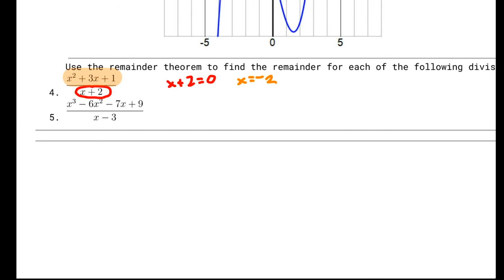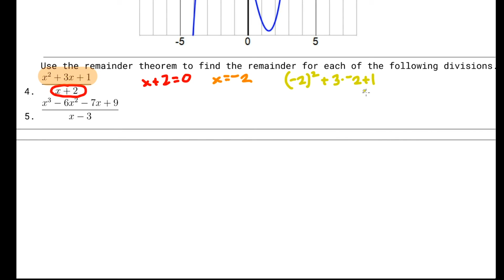We're going to end up with -2 squared plus 3 times -2 plus 1. Now, if this is equal to 0, then x plus 2 is a factor, and if it is a factor, the remainder would be 0. So whatever this value is tells me what the remainder is. You end up with 4 plus -6 plus 1, which is -2 plus 1, and you end up with -1 for your answer.